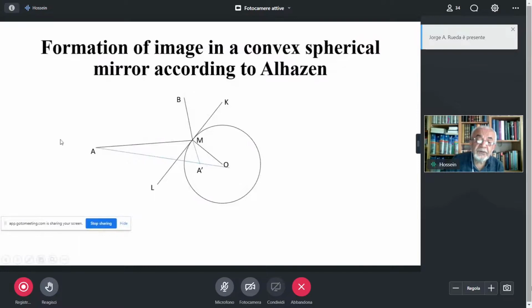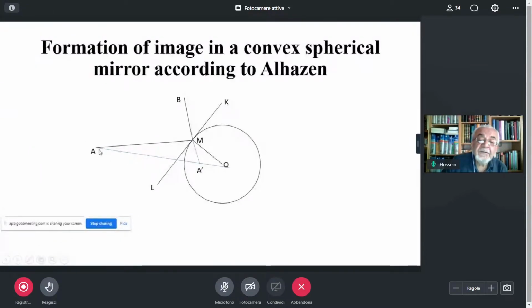This diagram shows the formation of the image of the point A in the spherical mirror, which is here. The problem is that for the observer situated at point B, the light emitted from the point A falls upon the mirror and is reflected to the point B, so that the angles of incidence, A, M, L, and of reflection, that is B, M, K, are equal.